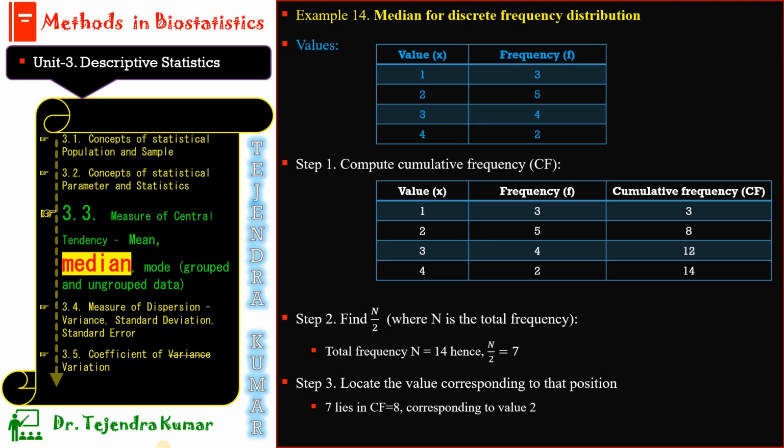Because we always have to check whether this value is greater than or equal to the calculated n by 2 value.